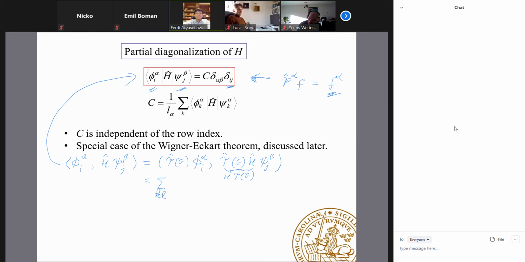So we have T_ki alpha of g, with a star because I'm on the left, and then I have T beta l j of g, like that.